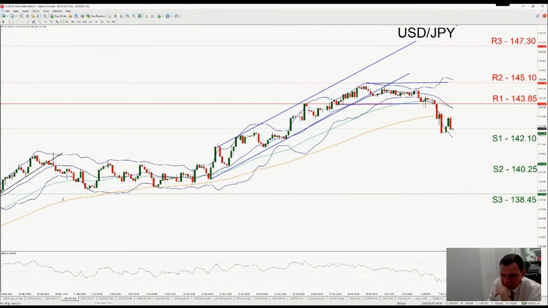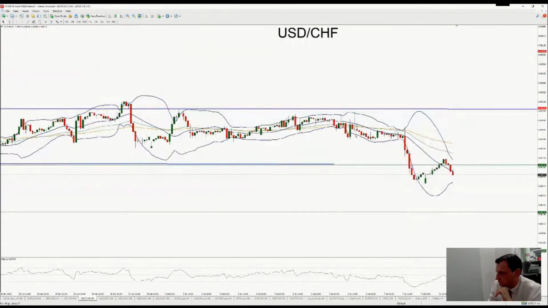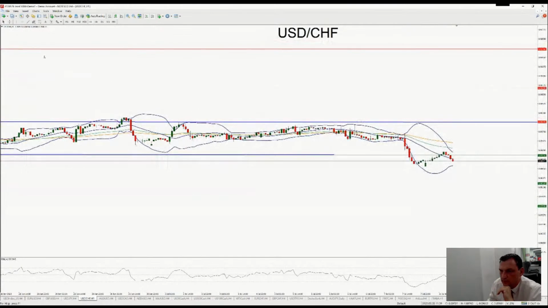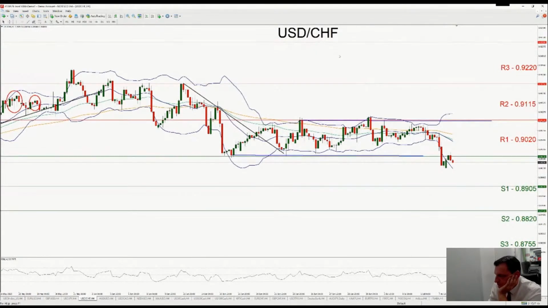Let's move now to USD/CHF. Let's move to the forward chart. That's better. Pretty wide margins here between the resistance and the support lines.